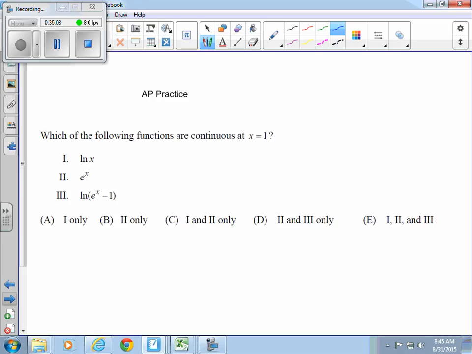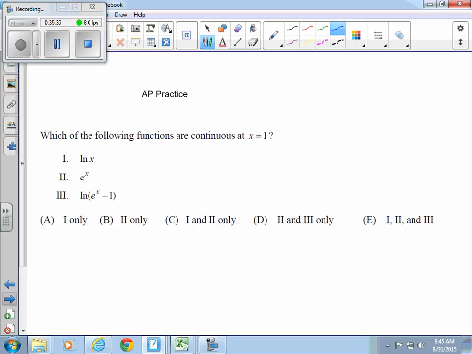Which of the following functions are continuous at x equals 1? Your pre-cal graphing knowledge is probably the best thing you can have, being able to look at these graphically. If not, we'll try plugging them in, looking from the left to the right.